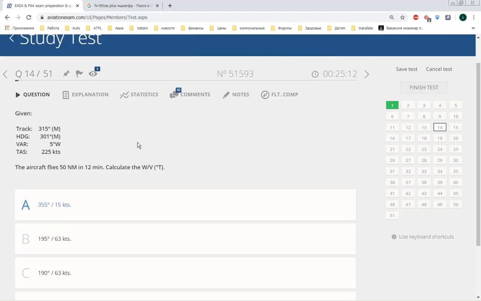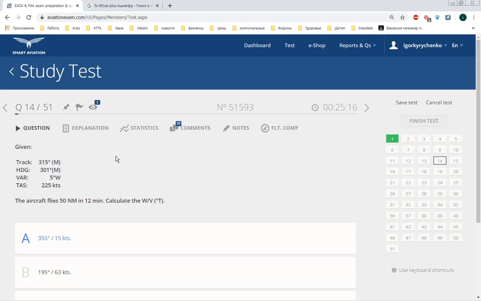Hello guys, I'm going to tell you how to solve this question from Aviation Exam Database. This is a general navigation subject and topic flight computer.